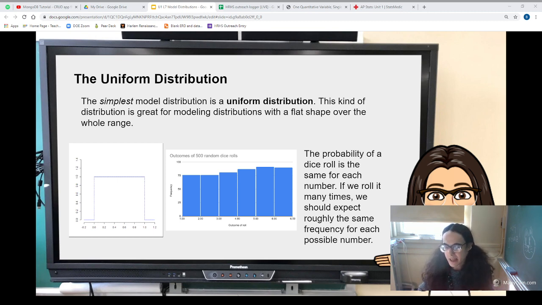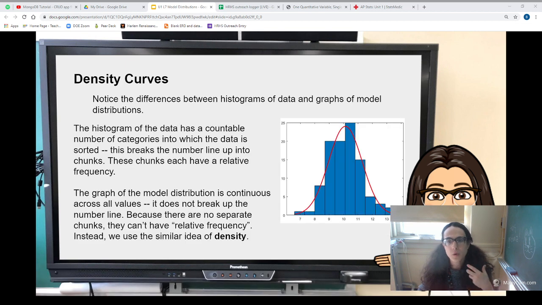What does this mean? With the histogram, remember, the whole idea of a histogram is you are not treating your x-axis, your range of values, as one continuous number line. We are explicitly creating chunks. We're saying, okay, we are turning the range from, say, 7 to 8 into a bin.